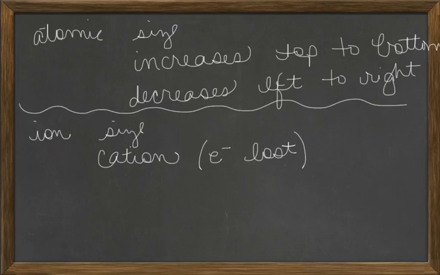The nucleus, where the protons and the neutrons are, is very, very small. So the nucleus doesn't have a lot to do with the size of the atom. It's the electrons. So when you lose electrons, it's going to become much smaller. So cations are always smaller than their neutral atoms.